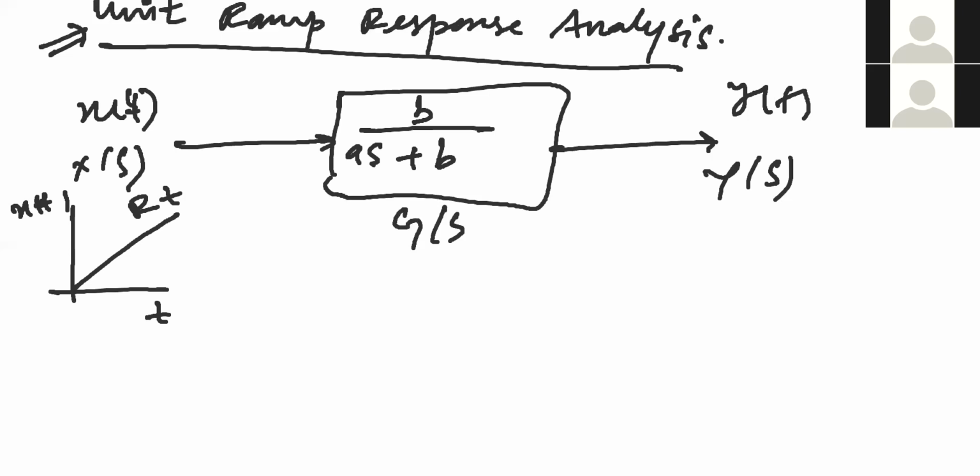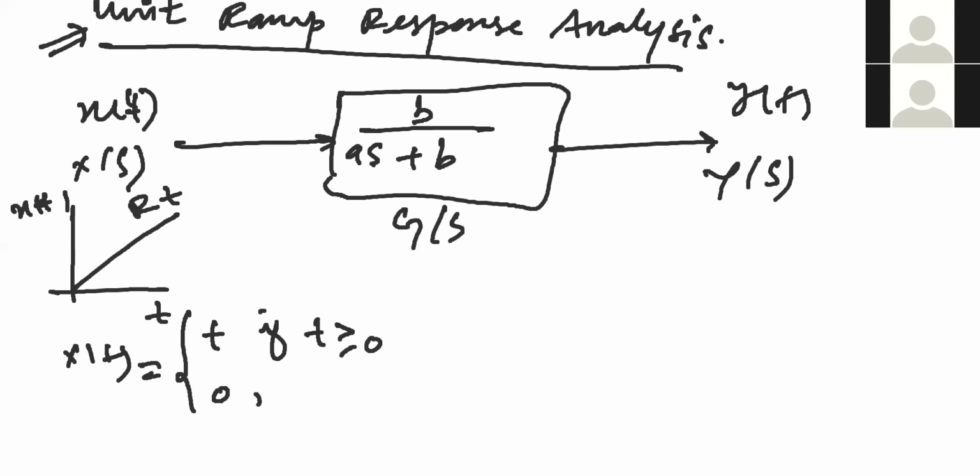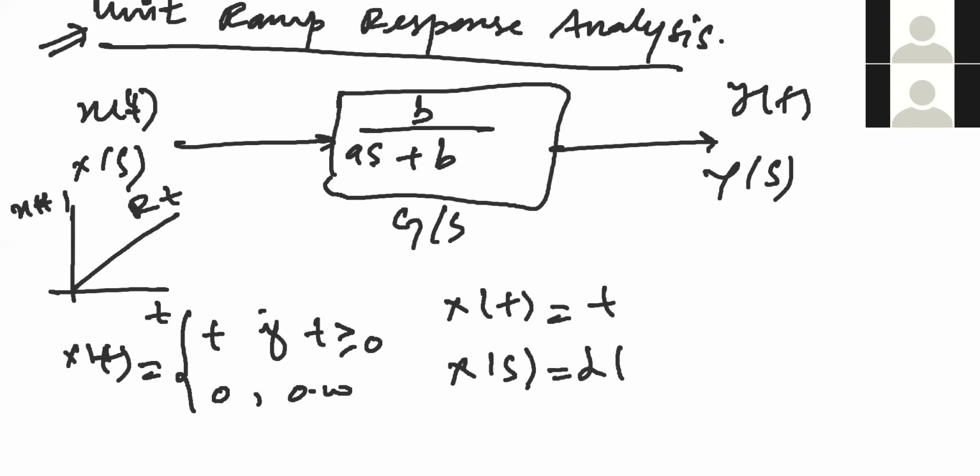So mathematically, it can be written as x(t) equal to t if t is greater than or equal to 0, and otherwise it is equal to 0. So if we have x(t) equal to t, then x(s), the Laplace transform of t, we already know is equal to 1 over s square.